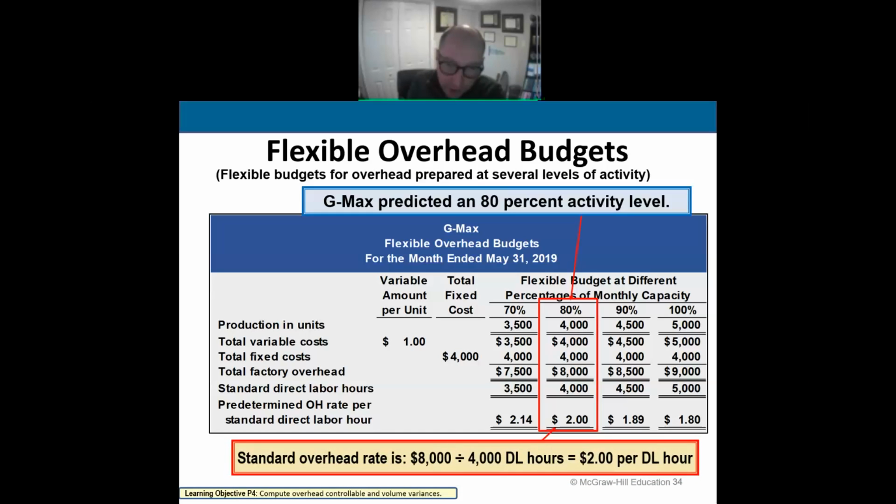For the middle of the range, you take the total factory overhead divided by the labor hours to get $2 per direct labor hour.